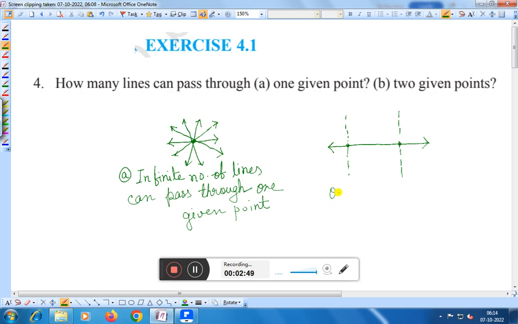Only one line can pass through two given points.